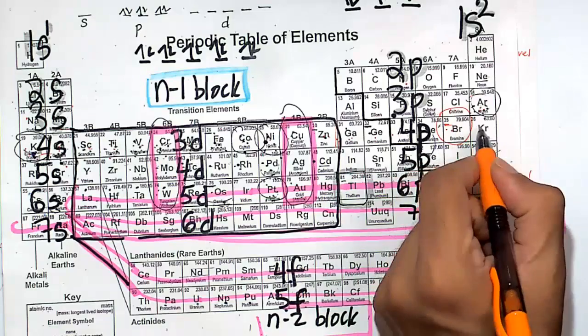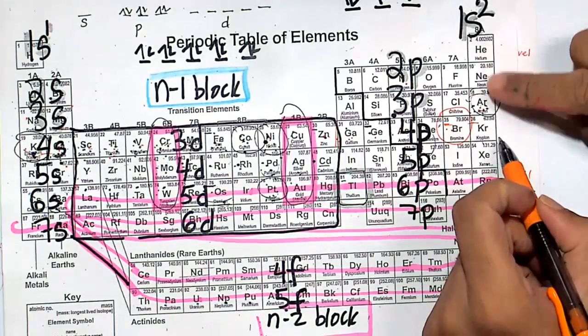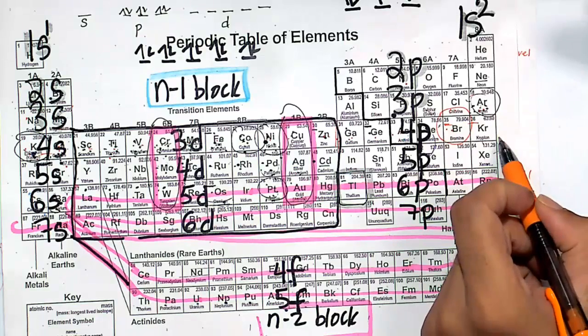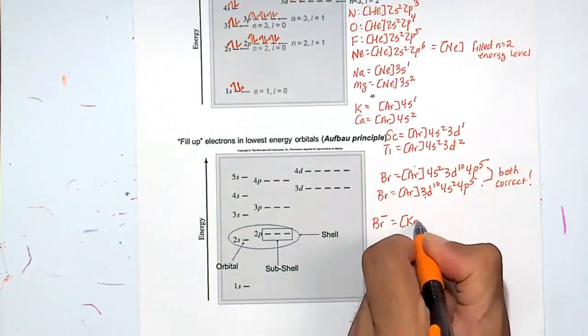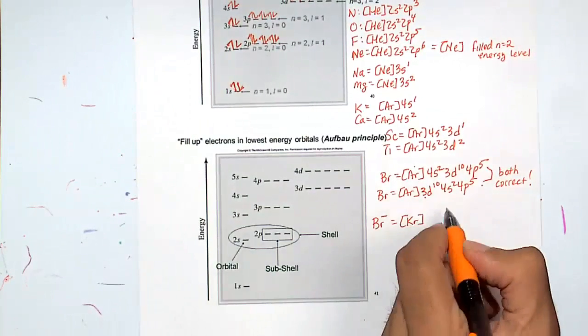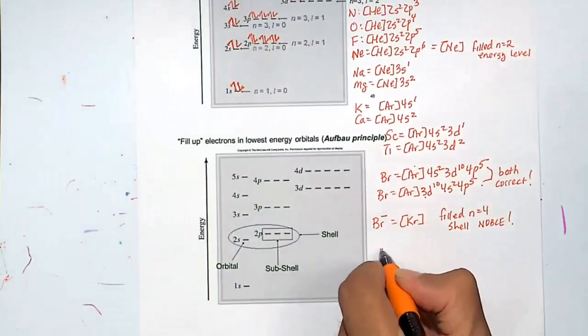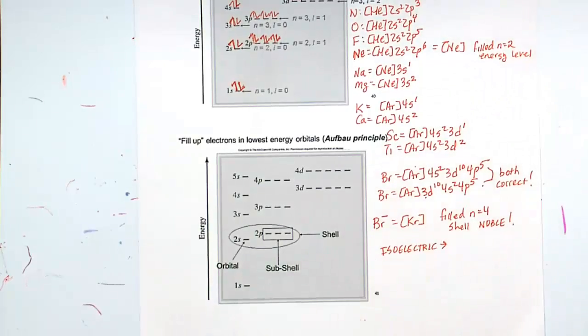Br minus now has 36 electrons. It has a filled n equals 4 shell. So it's noble, the same as krypton. Yeah, filled n equals 4 shell. We also call this isoelectronic. Isoelectronic means same electron configuration.